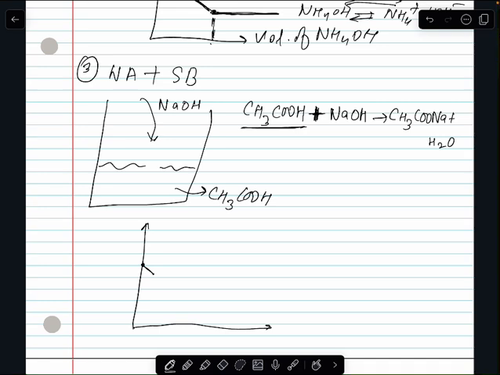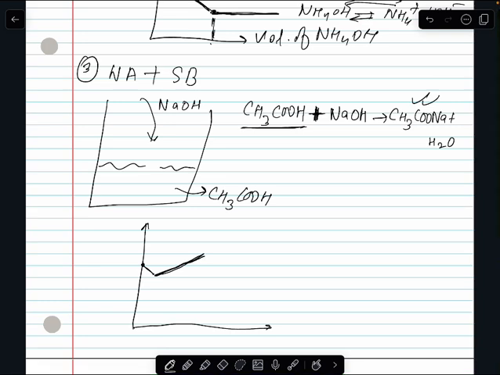But as it reacts with NaOH, it will start to produce CH3COONa, and we have seen earlier that the conductivity of a salt is greater than the conductivity of a weak acid, so the conductivity starts to increase.